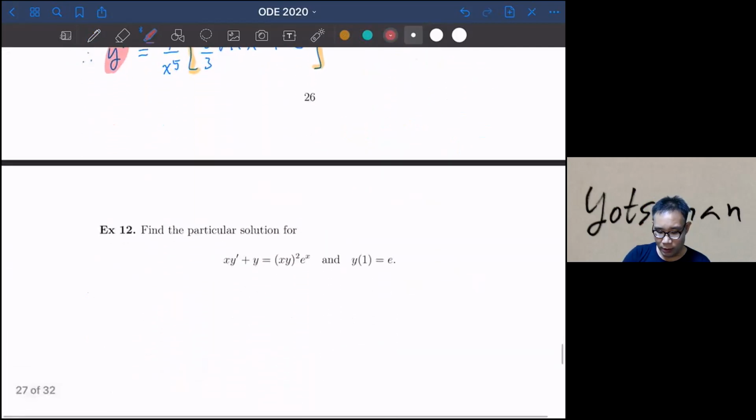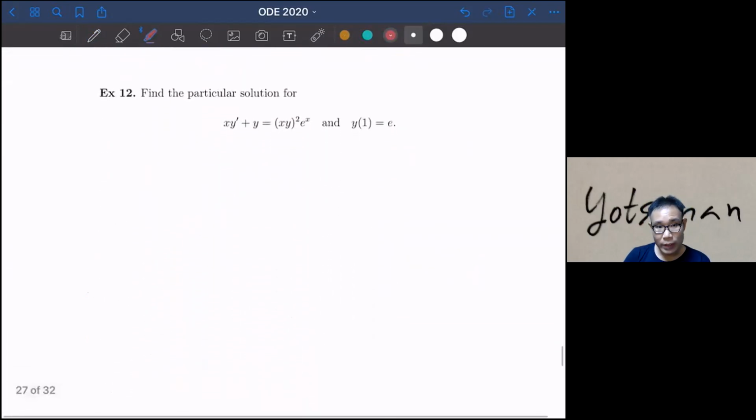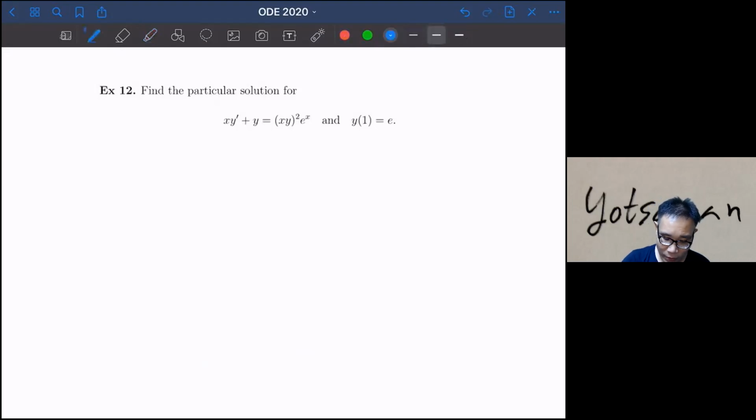For the last one, we'd like to find the particular solution for this guy. You have xy prime plus y equal to xy squared e to the x, and y(1) equal to e. For this one, you have to put it in terms of the thing that you're familiar with, so you get rid of the coefficient of y prime.